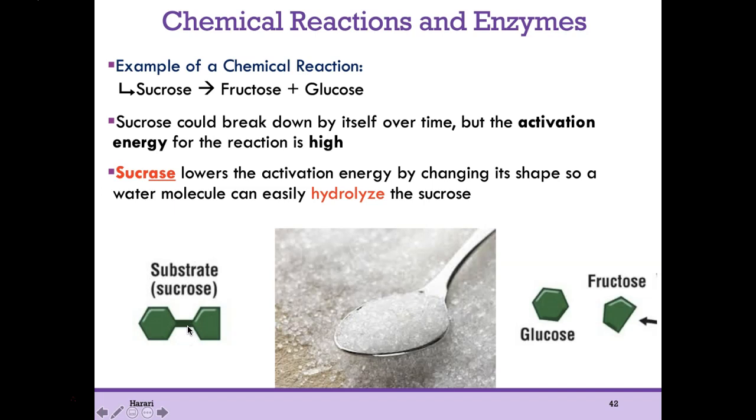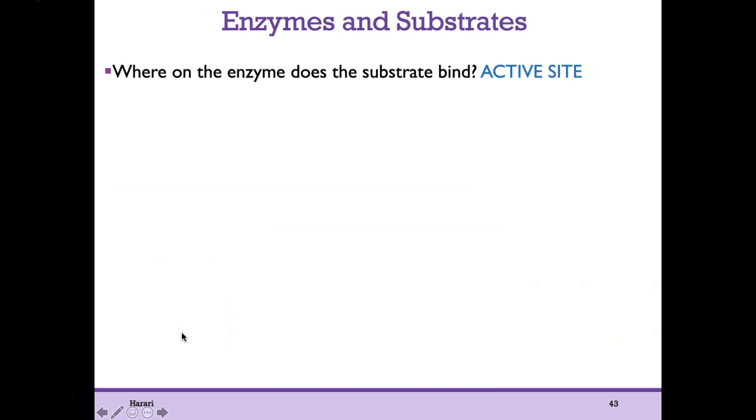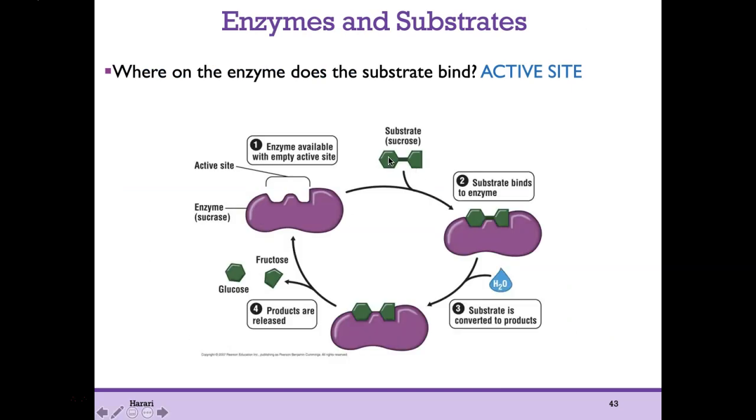So the enzyme sucrase can change its shape as it binds to sucrose, so water can more easily break this bond. Let me introduce this as an example. So we said sucrose is the substrate.